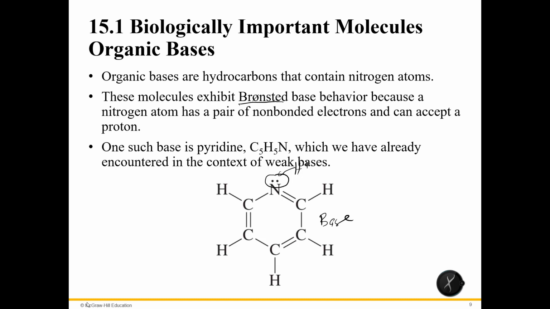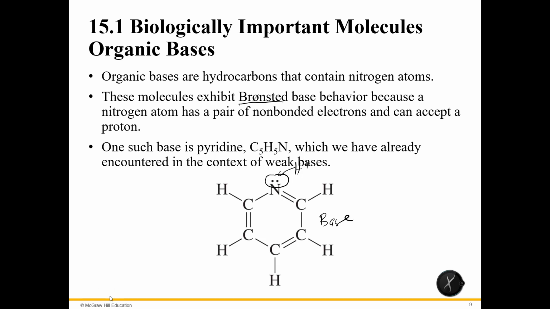We could also use a different theory called Lewis acid-base theory, but we're not going to use that in Chem 130. So we're going to focus on what we know, and at this point what we know is the Arrhenius definition and the Bronsted-Lowry definition. And in this case, this substance can accept a hydrogen ion or a proton, as we would say, and that would make it a Bronsted base.